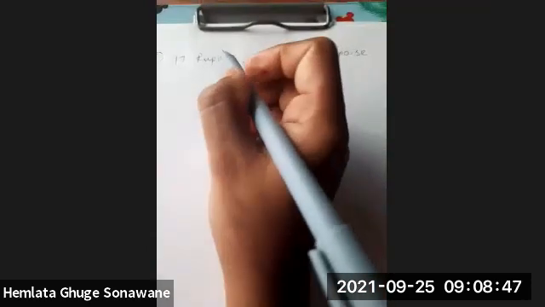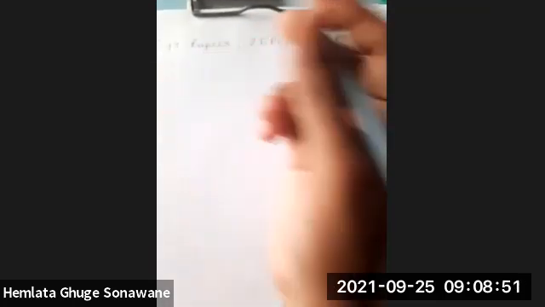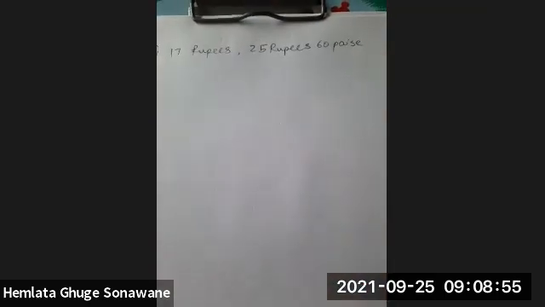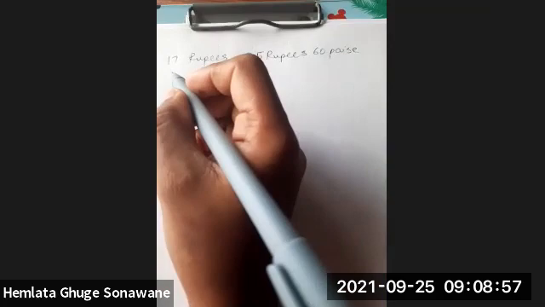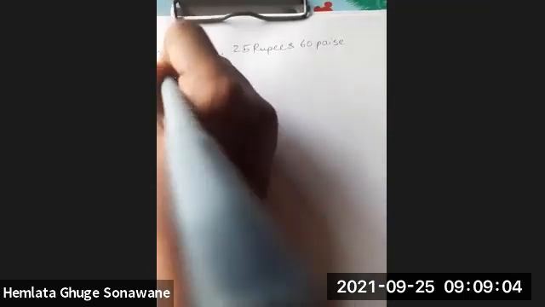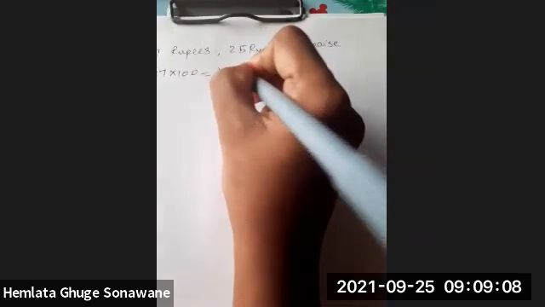Now here we have to convert this 17 rupees into paise and this 25 rupees also into paise. Now we know that 1 rupee is 100 paise. We will multiply 17 with 100. So it becomes 1700 paise.